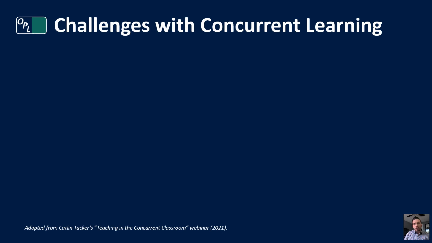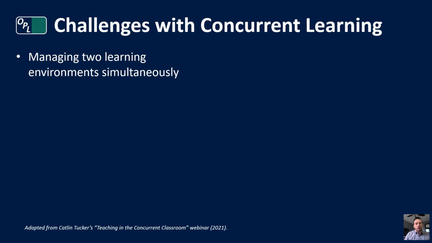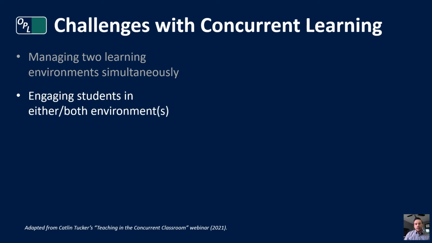There are a lot of challenges with concurrent learning that I would bet we all are aware of since we are living that experience right now. And a few of those that were highlighted by Dr. Catlin Tucker are as follows. The first is that there's two separate learning environments, but we're expected to teach them simultaneously. The second is that when you have two different groups of students, it's difficult to engage those students at the same time.